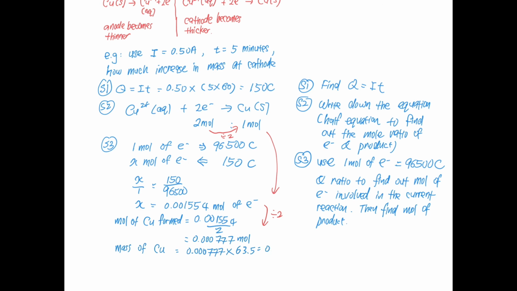So we get 0.0494 gram. This is the mass of copper that sticks to the cathode after 5 minutes. So we count it in this way.